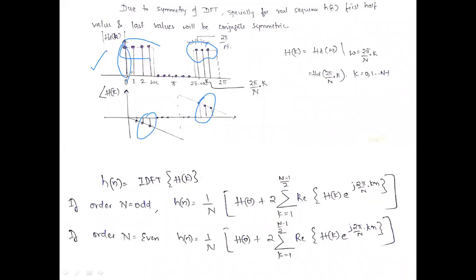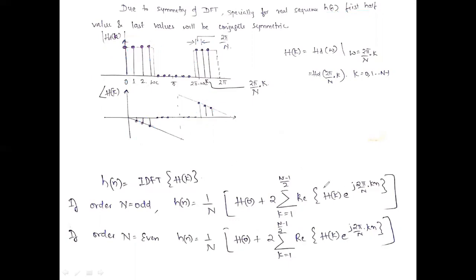You remember this, by the way. This is the conjugate symmetry property of the DFT for purely real sequences. So since your frequency response is conjugate symmetric in nature, you are going to have an impulse response that is purely real. And if I take the IDFT of this particular sequence H of k, what am I going to get?